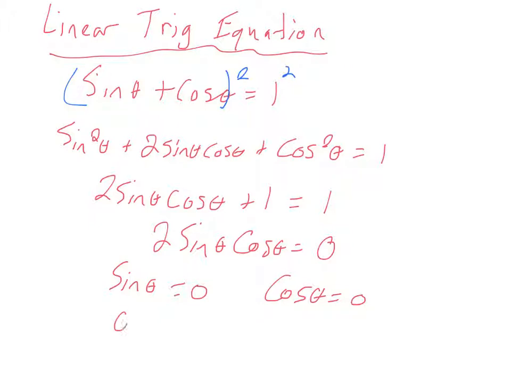And sine theta equals 0 when theta equals what? On the interval between 0 and 2 pi, where does sine theta equal 0? 0 and pi. Cosine theta, where does that equal 0?